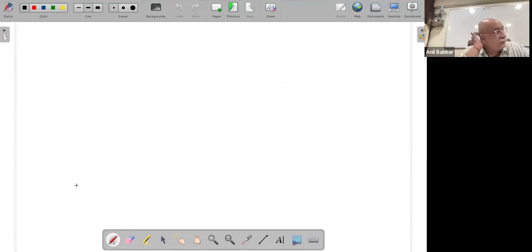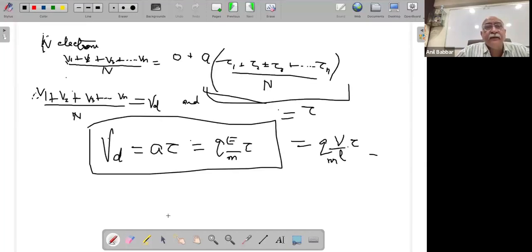So we know drift velocity Vd is equal to A into tau, and A is QE by m. Fine. The drift velocity formula is QE tau by m, right? And if this remains constant, where Q is charge, tau is relaxation time, and m is mass.